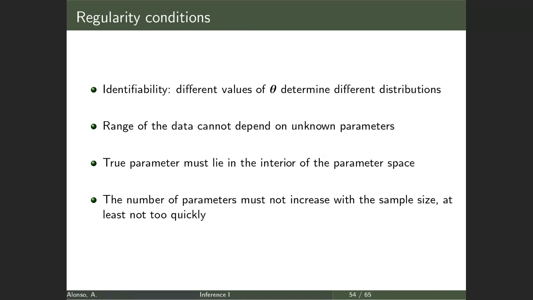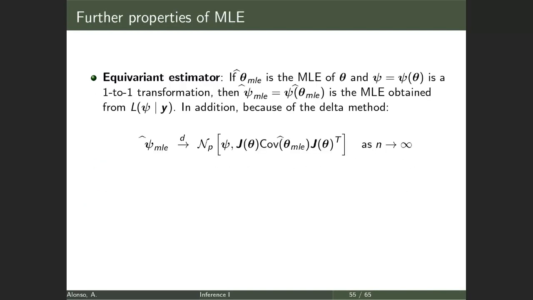The true probability should be strictly between 0 and 1. And the number of parameters must not increase with the sample size. So when I start gathering more data, the number of parameters should not continue to increase. Typically, it should be constant. But you can generalize this to a situation in which it increases, but not too fast. We are not going to see this in detail.